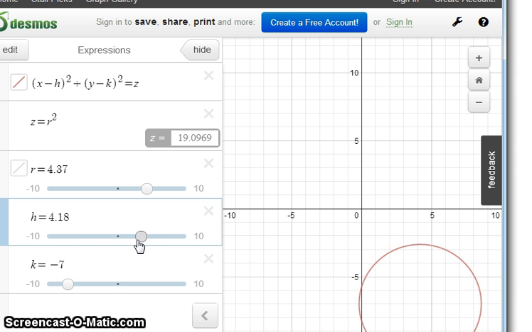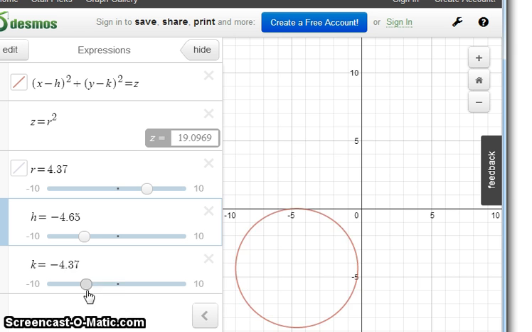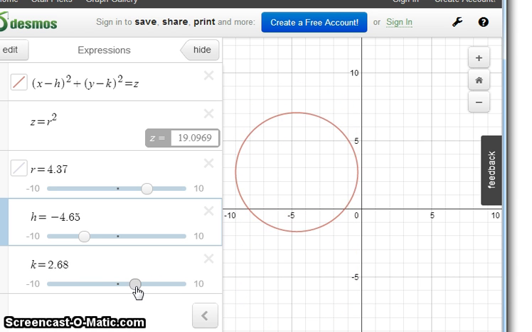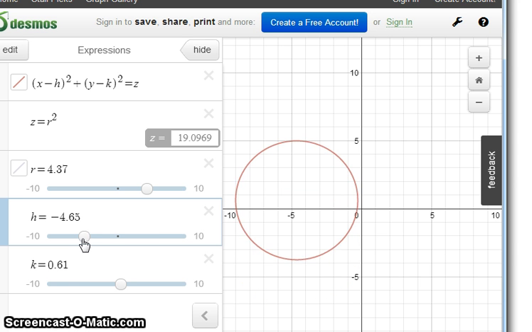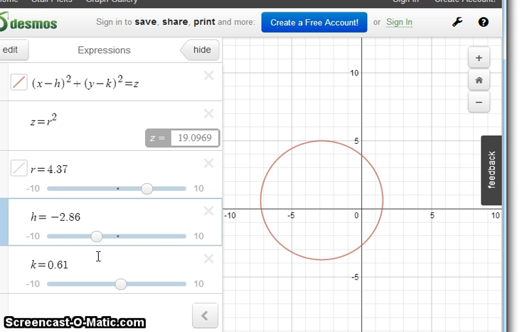The h controls the left and right, so here we have a circle whose center is at x coordinate negative 4.65. The k is going to move it up and down. This is like the translation we were doing before with all the other graphs we've been working with. We were moving sine waves up and down and left and right. We were moving parabolas left and right and up and down, square root graphs up and down, left and right. Same kind of idea here.